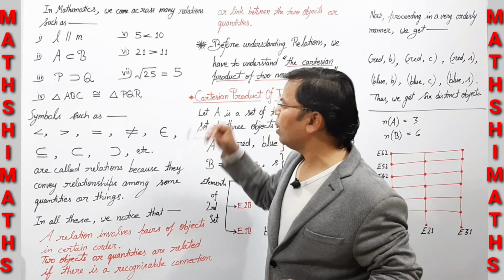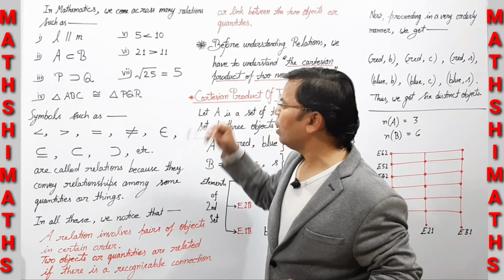Symbols such as less than, greater than, equals to, does not equal to, belongs to, subset, proper subset, superset, etc. are called relations because they convey relationships among some quantities or things.